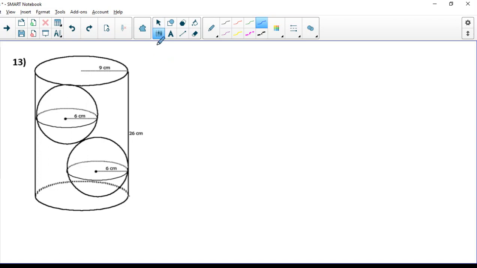So for the cylinder, I'm doing base times height. So the base is going to be pi r squared, pi times 9 squared, times the height, which is 26. All right, let's go ahead and multiply these together. So 9 times 9, oh, I'm sorry.